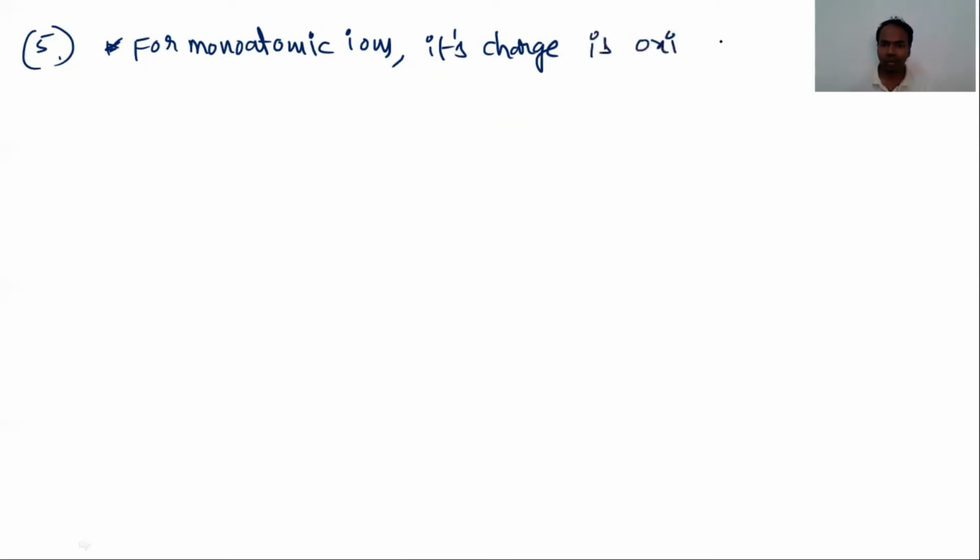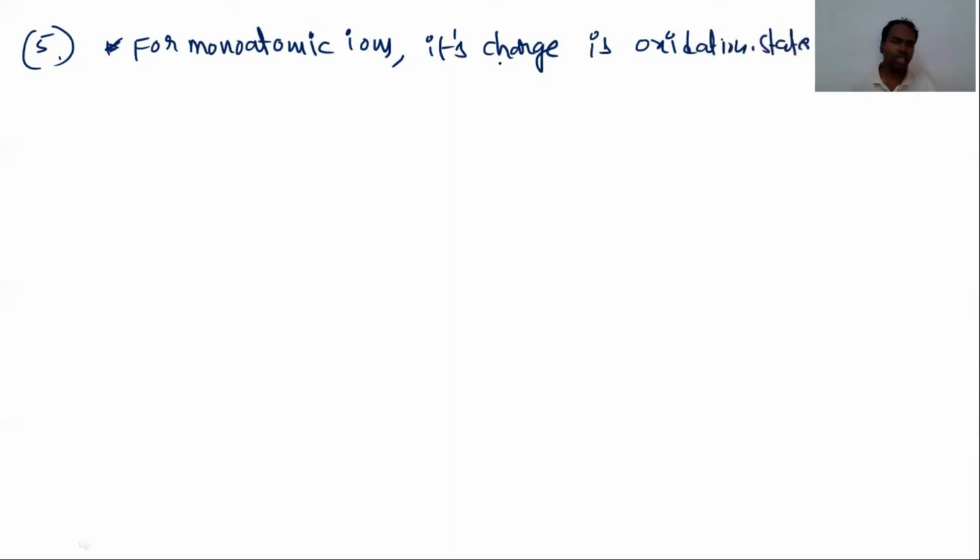So for monoatomic ions, their charge is nothing but their oxidation state. For example, take Na+. This is a monoatomic ion, a single atom, sodium. What is the oxidation state of Na+? +1. What is the charge of Na+? +1.